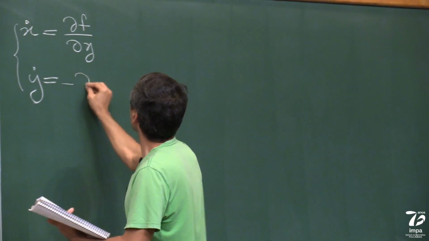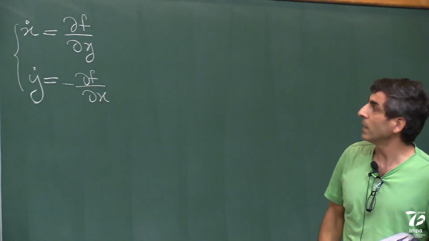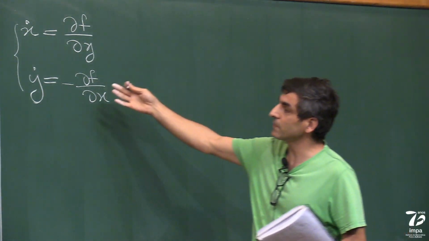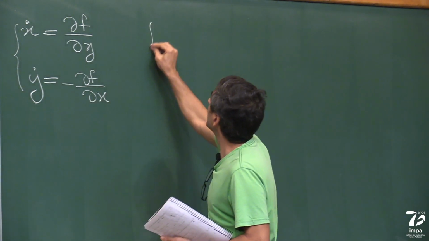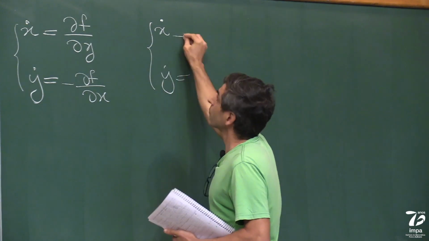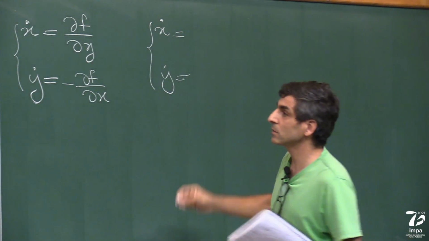Then, what I am saying, the solutions of this kind are tangent to the level surfaces of f. And in the case of my example, of course, it is very simple. You just make this derivation. It will be 2y.